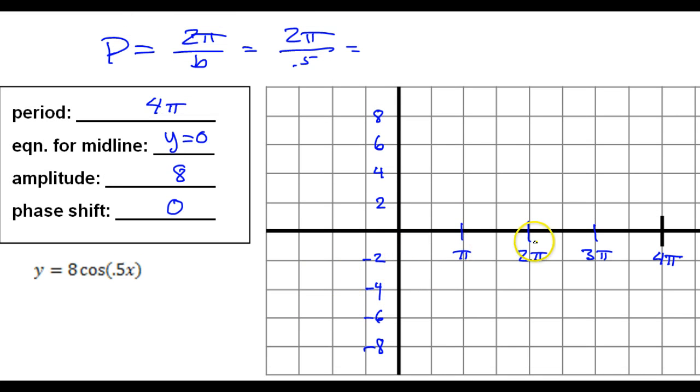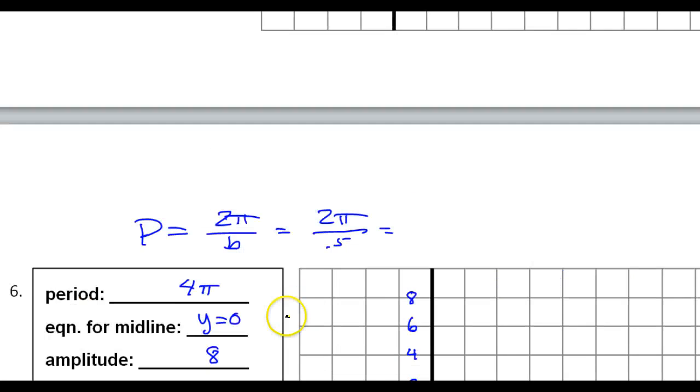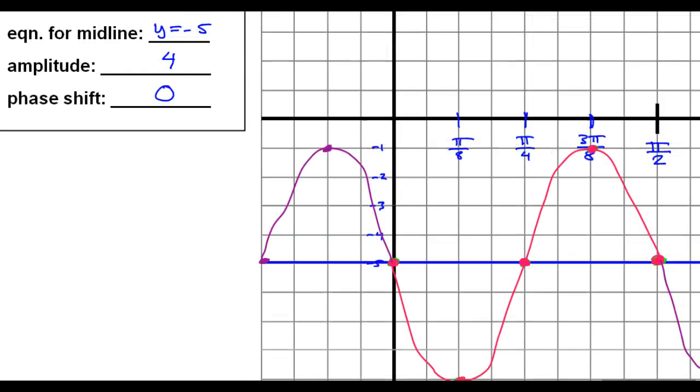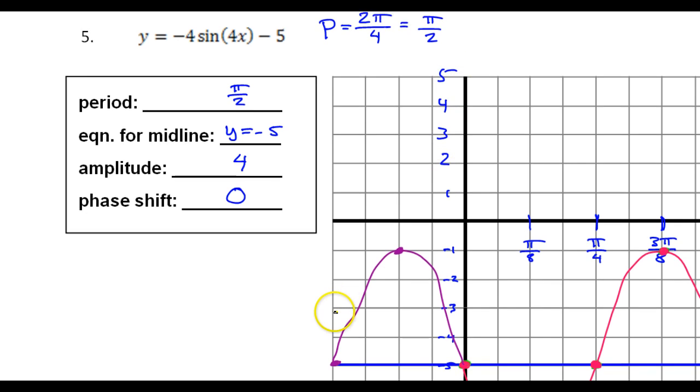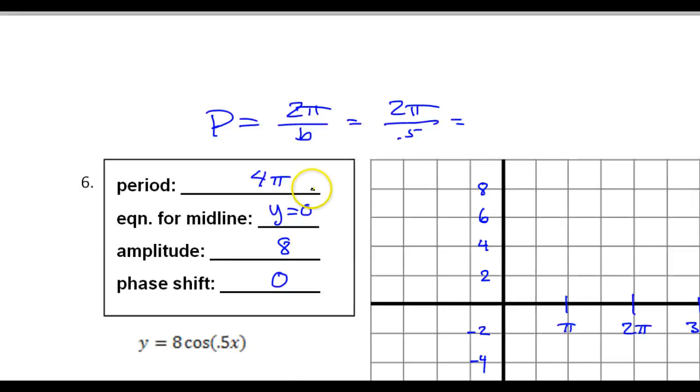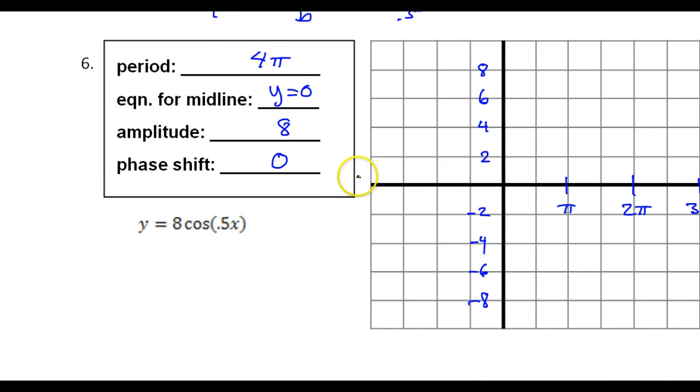It's important to label both your x-axis and your y-axis. In fact, I should have done that more thoroughly on problem number 5 and gone 1, 2, 3, 4, 5. So make sure you do that. Okay, anyway, now I can continue.